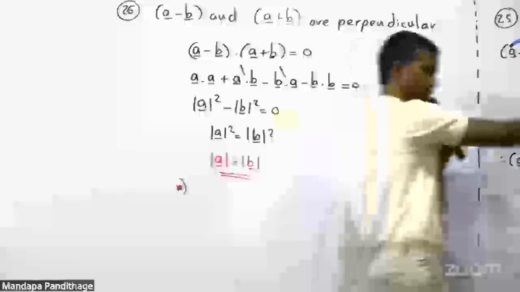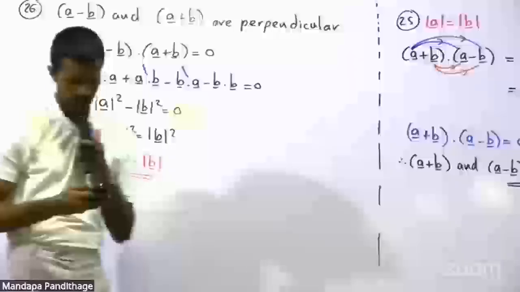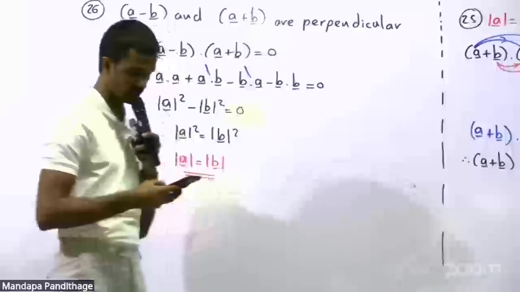Then under question number 25, put a star mark and write in this way. Under 25, write in this way.